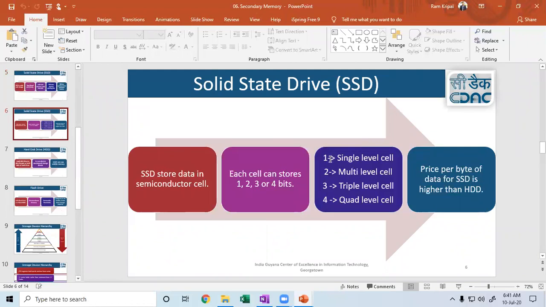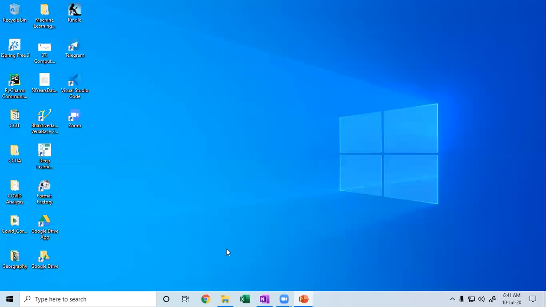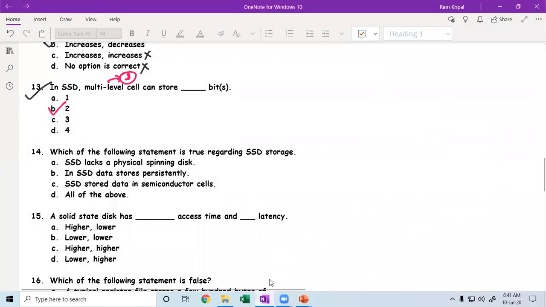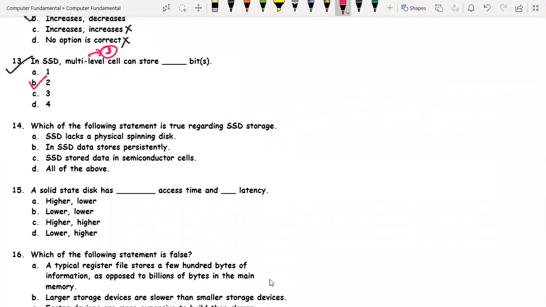See here: 1 stands for single level, 2 for multi, 3 for triple, 4 for quad. Okay. Yes, sir. So 2 for multi, 3 for triple, 4 for quad, and 1 for single.